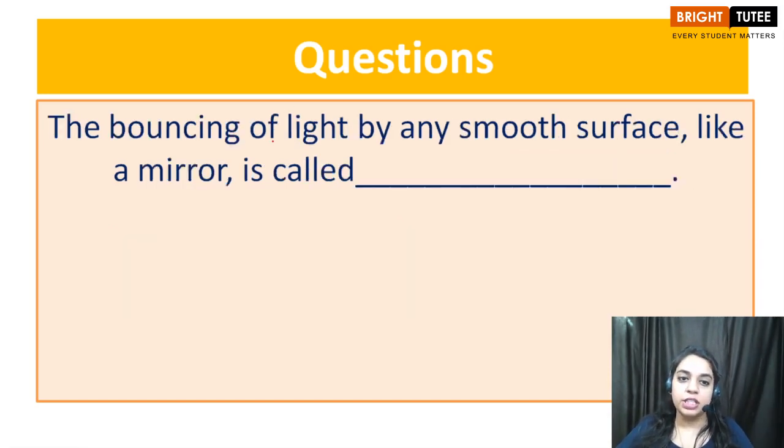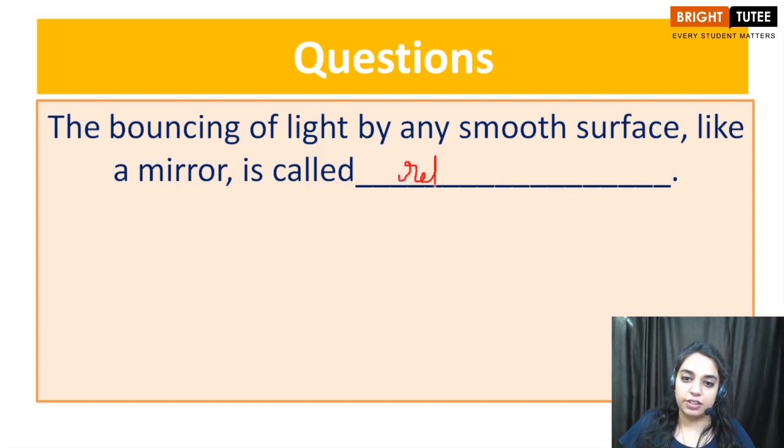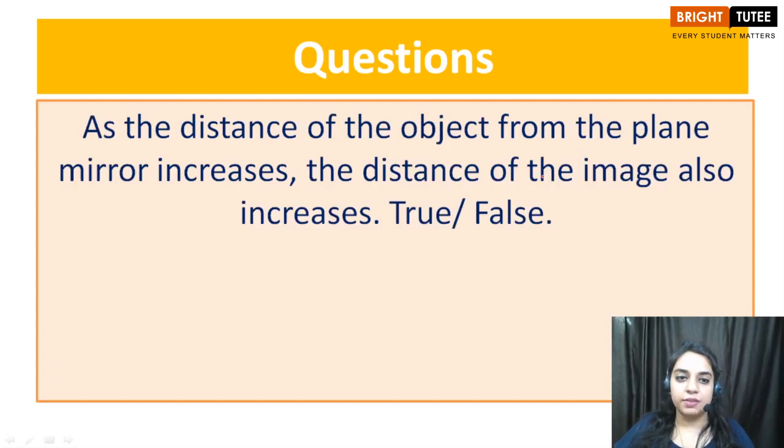Next question, the bouncing of light by any smooth surface like a mirror is called as, very good children, it is called as reflection. Right? Then the next question is, as the distance of the object from the plane mirror increases.